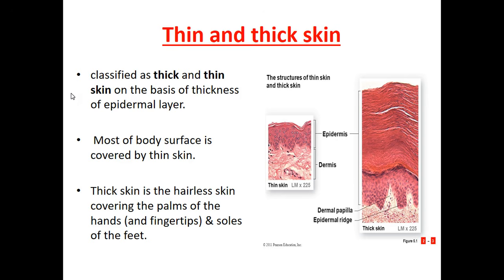Skin is classified as thick and thin on the basis of the thickness of the epidermal layer. Most of the body surface is covered by thin skin. Thick skin is the hairless skin covering the palms of the hands, fingertips and soles of the feet.